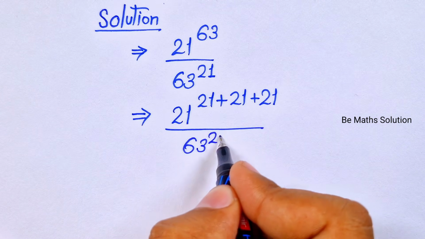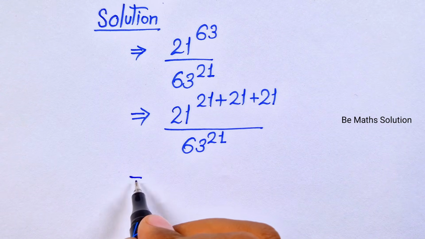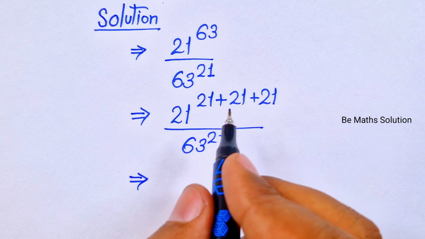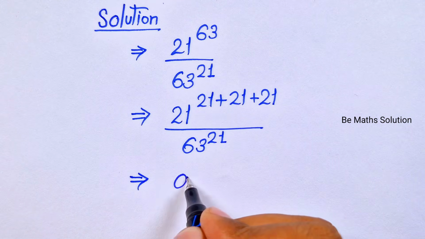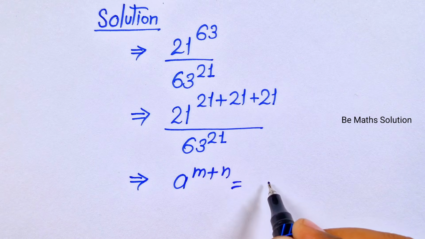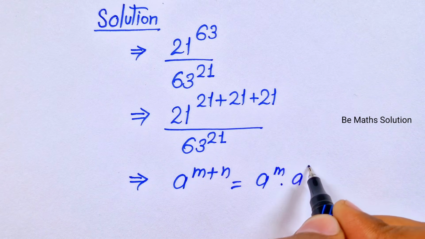From this exponent, which is in the form a to the power m plus n, is equal to a to the power m into a to the power n.